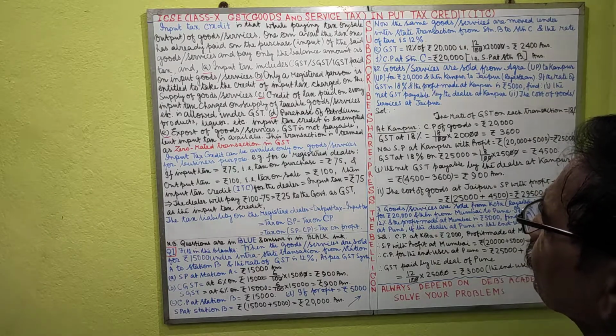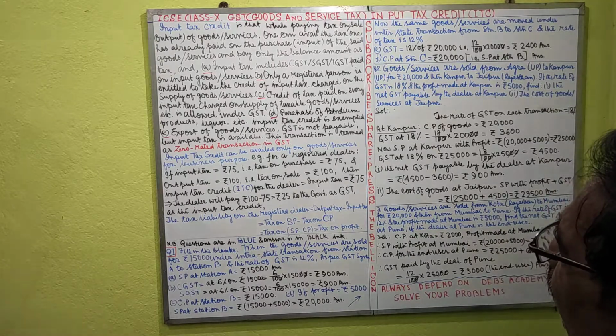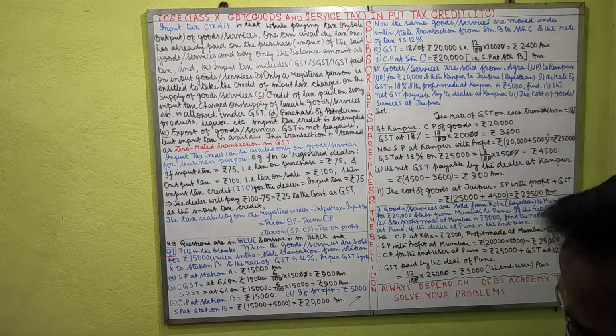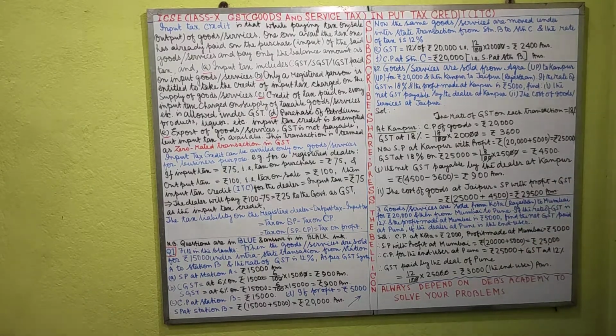Input tax credit is that while paying tax on sale, that is output of goods or services, one can avail the tax one has already paid on the purchase, that is input.